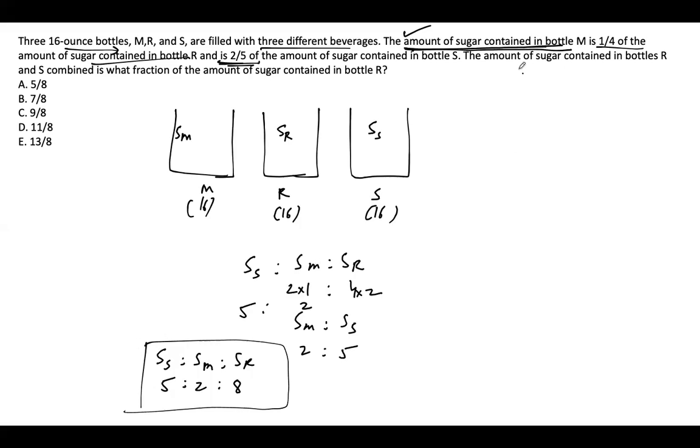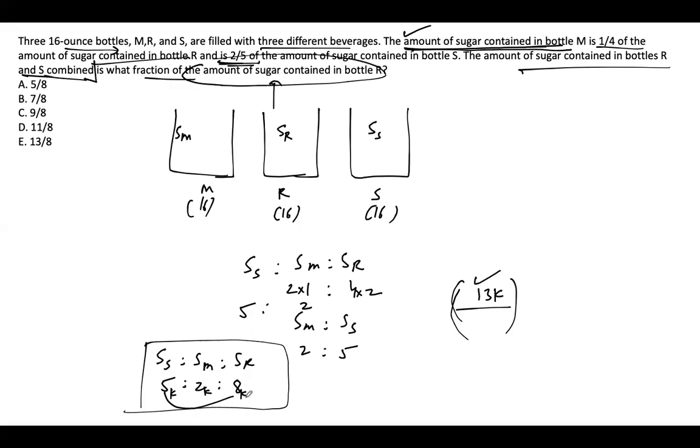The amount of sugar contained in bottles R and S combined. Let's say 5K, 8K, 13K, is what fraction of the amount of sugar in bottle R, which is 8K. So 13 by 8.